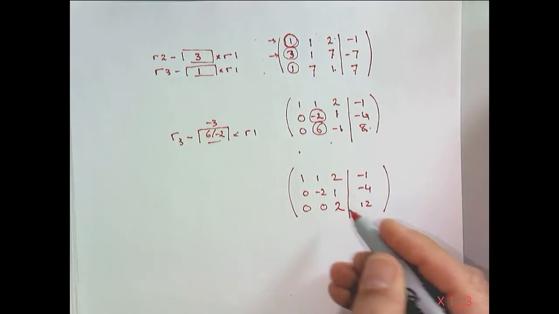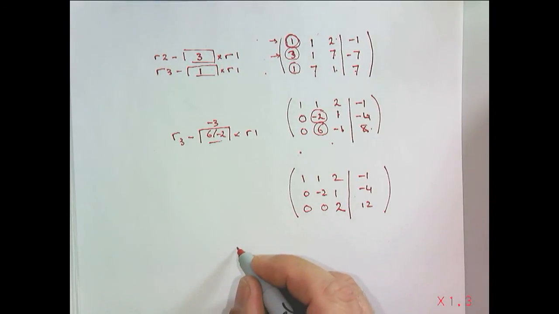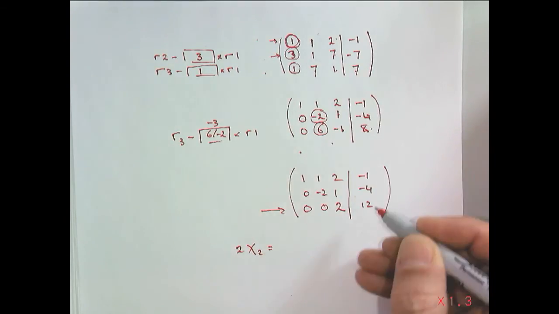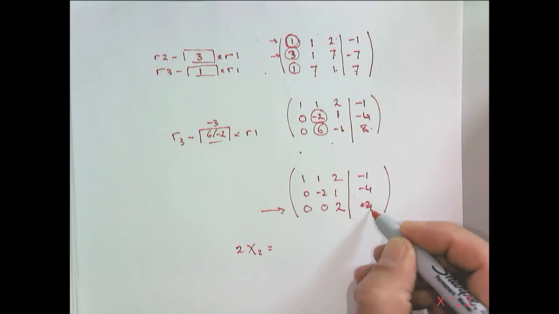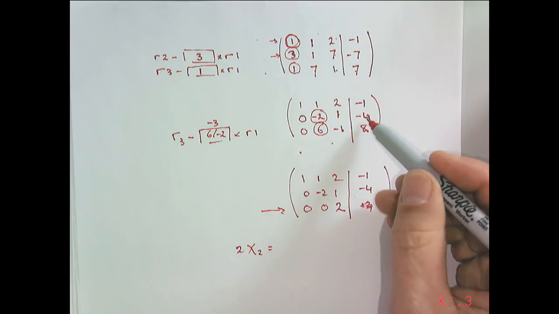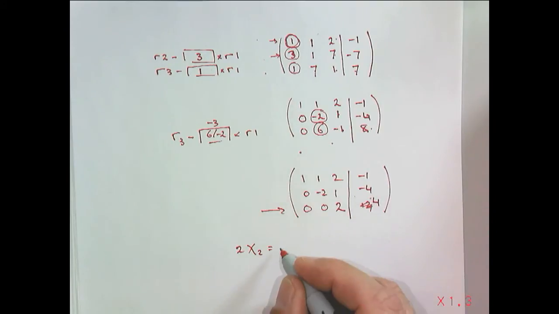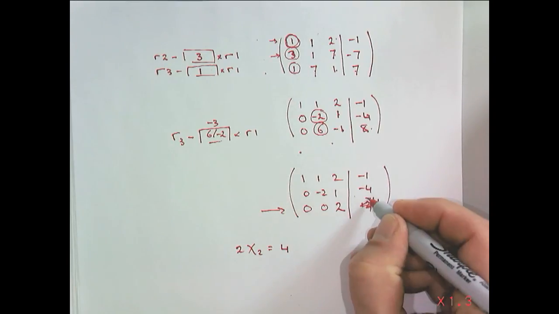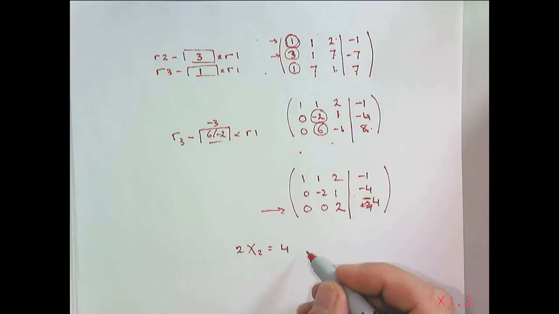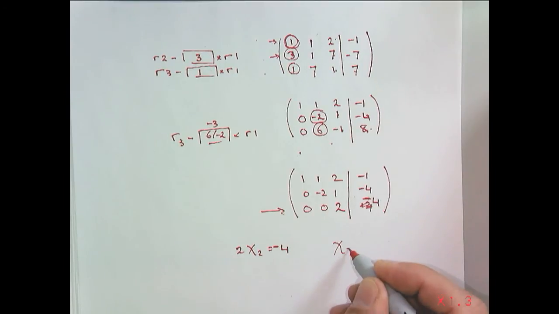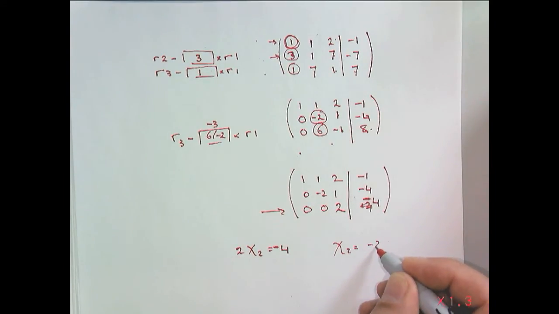And now we recognize that this is just the last equation. The last row here represents 2 times chi2 equal to, oh, this is all wrong. This is 3 times that is minus 12 plus 8 is minus 4. Boy, I'm really being sloppy. And then chi2 is obviously equal to minus 2.